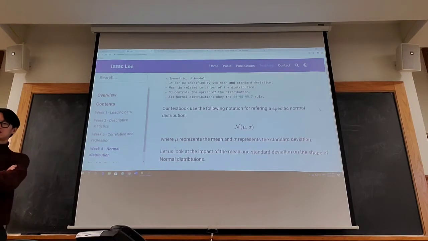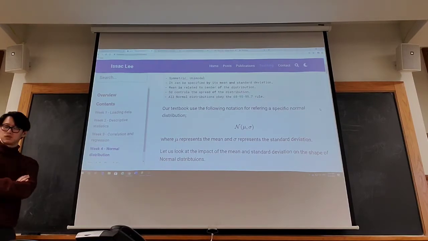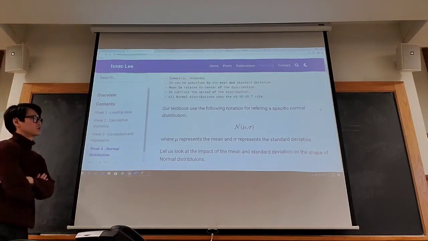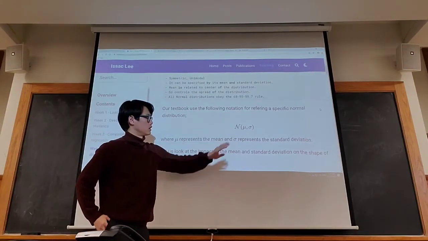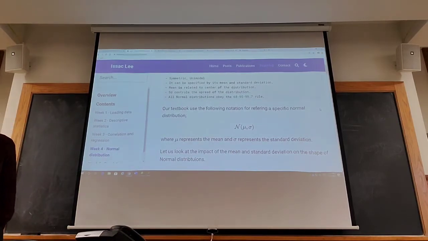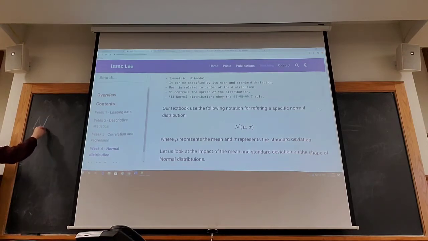Before I start the normal distribution, I want to introduce some notation. You're going to see this notation a lot in the statistics course. The capital N stands for normal distribution, and then there's a parenthesis, and I'm going to put a comma there.